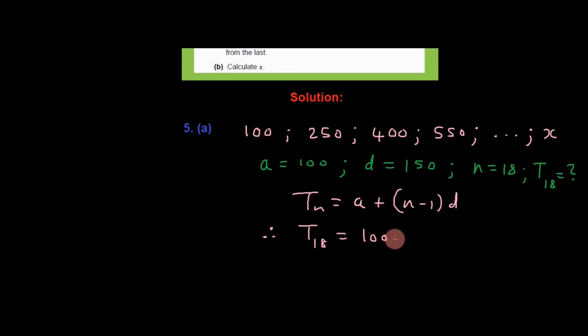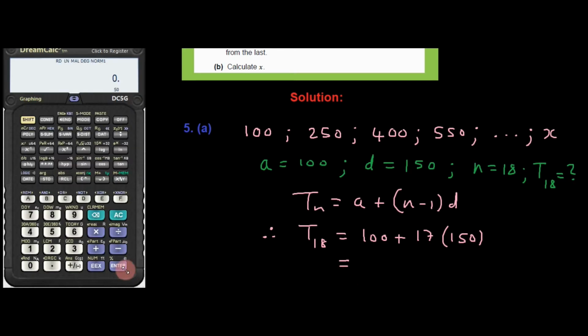So it's a plus 17 times d. So let's see what that comes to. R2,650.